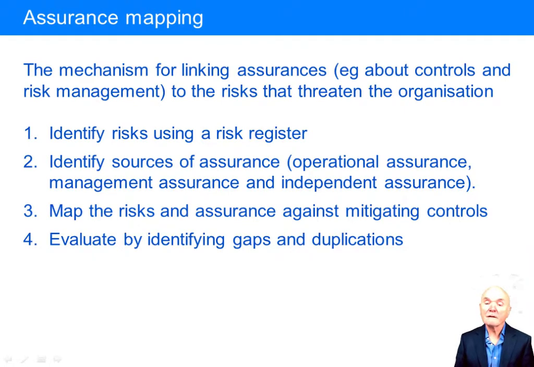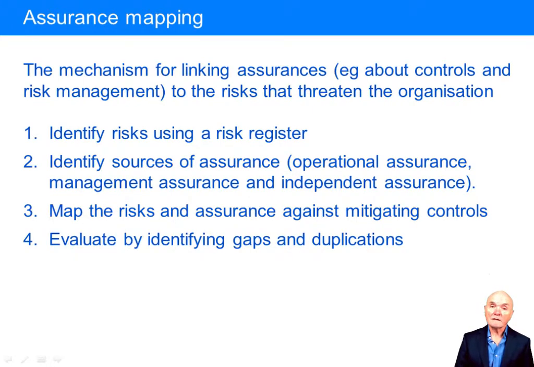Assurance mapping is a mechanism or technique for linking assurances, for example, controls and risk management, to particular risks, so that for each risk you have some evidence that we've done something about it.